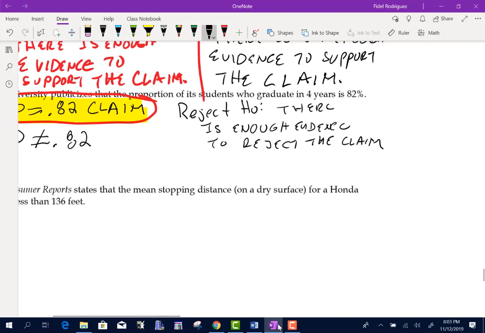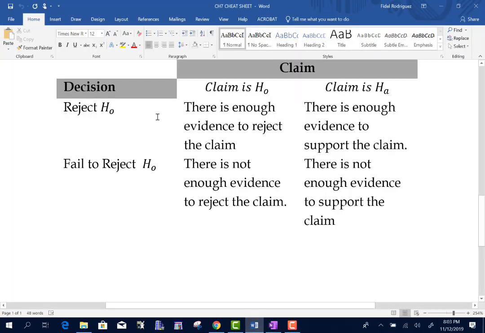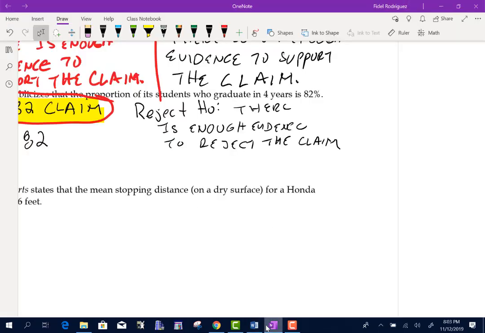I'm just going to move it over a little bit to the side, because I've got room here. Now look, our claim is still the H0. But now if I fail to reject it, look what I'm going to say. There is not enough evidence to what? That's right.